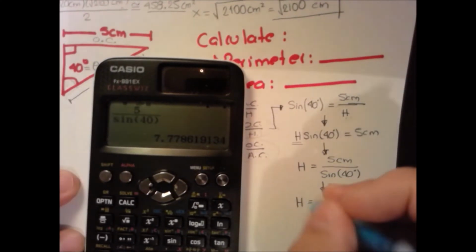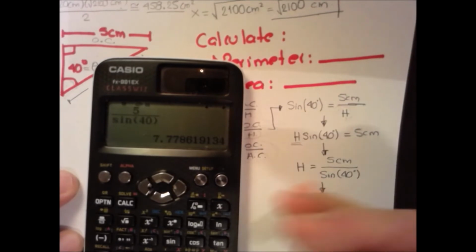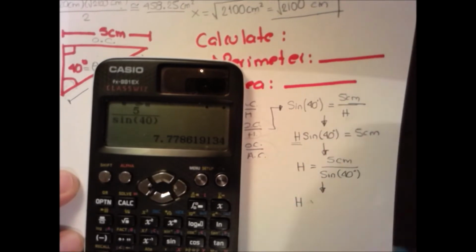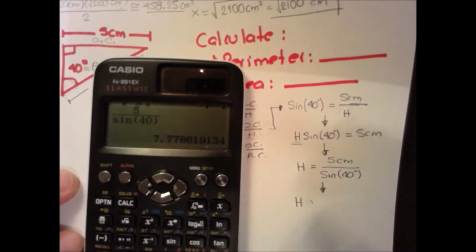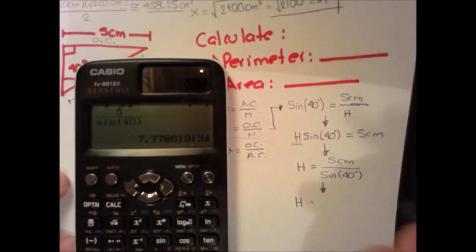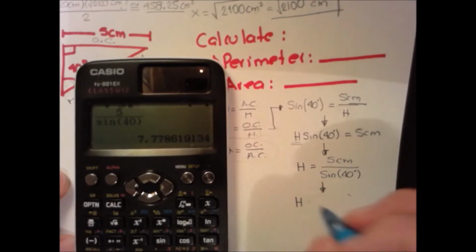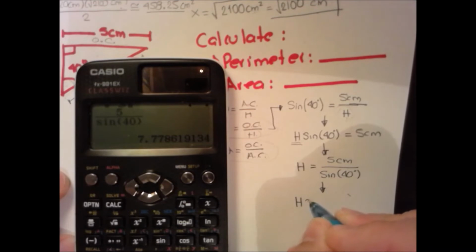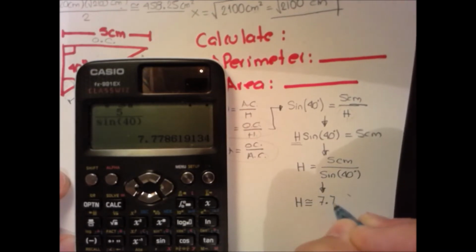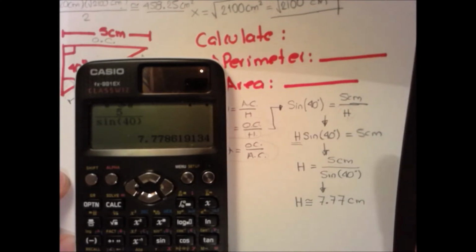Okay, so I'm going to show you one thing that you can do to avoid that kind of mathematical error. Look at this. We can say that this is going to be approximately equal to 7.77 centimeters. You can say that, or you can do another thing.